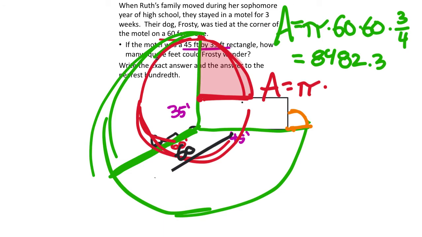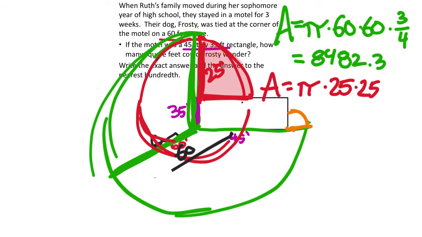Now, of course, 35 of it was used up right here. It should be 60 full feet from where he is originally to the edge of that green circle. So how much would be left for the red right here? Well, 60 minus 35, boom, 25 feet, okay? So it's a 25 radius circle.